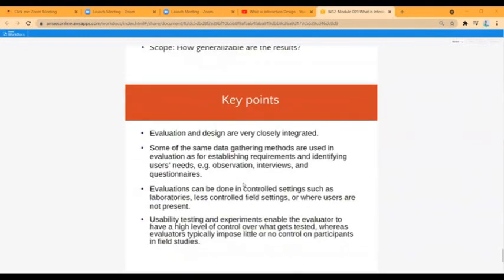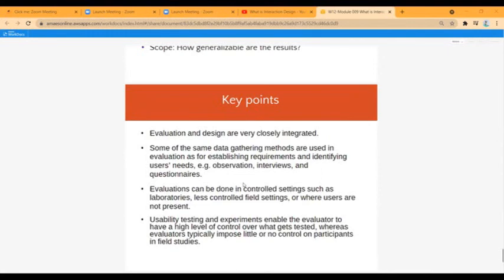For the key points, evaluation and design are very closely integrated. Some of the same data gathering methods are used in evaluation as for establishing requirements and identifying user needs. As I discussed, we can use questionnaires, observation, and interviews.